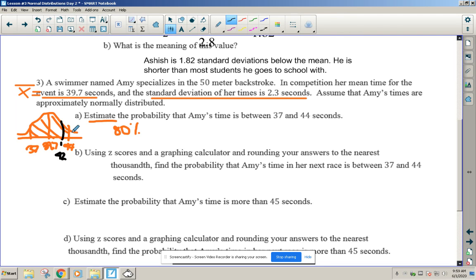And if I went another standard deviation above, I would have been at 44.3. So we were pretty close to 2 standard deviations above the mean. And if I went back a standard deviation, I would have been at 37.4.